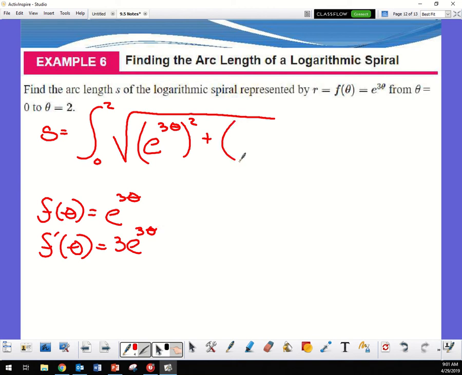Okay, so square that. Three, square that as well.